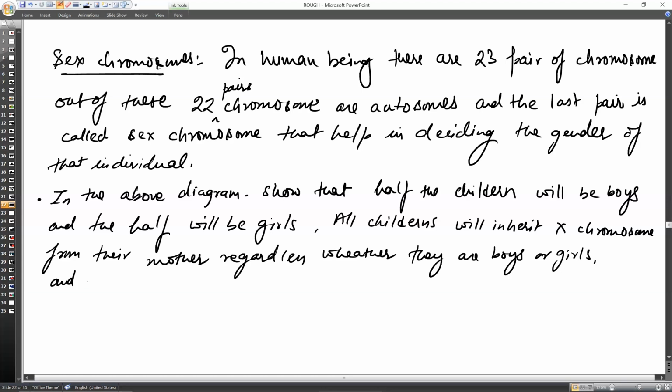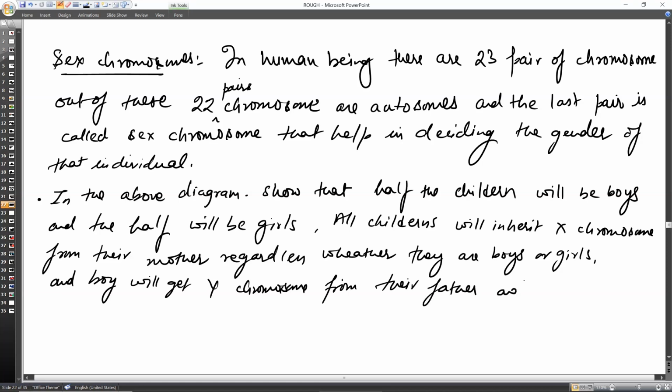Boys will get the Y chromosome from their father, and girls will get the X chromosome from their father.